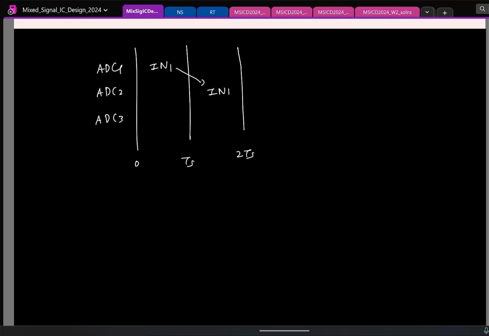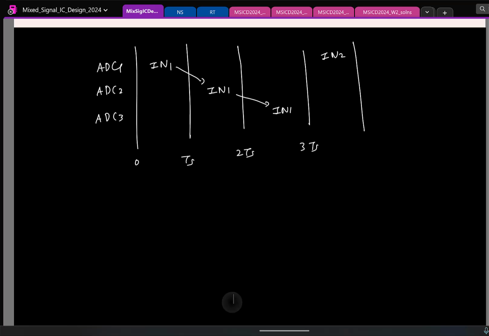After the second ADC does the comparison, you find its quantization noise, give it to the third ADC, and then you can start the second input. So this is also something you can do, but if I do this, I finish one comparison in every 3 clock periods. So is there something smarter you can do?